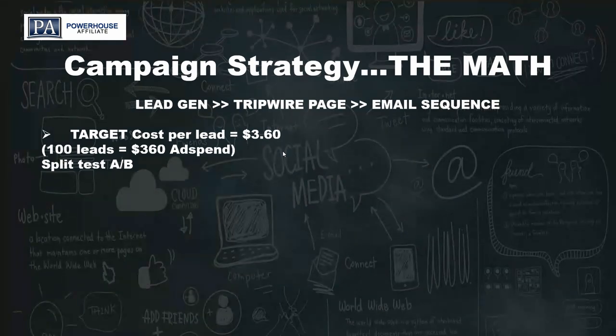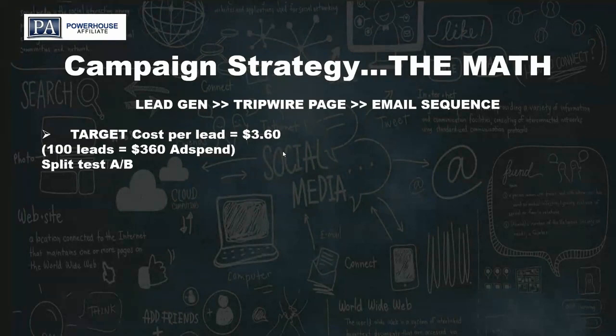I don't know if it's going to be $15 a lead. I don't know if it's going to be $2 a lead, but I've set what I think is a realistic expectation as to what I can spend per lead based on other data I have from other campaigns I have run in the past. But again, like I said, I'm entering into a very highly competitive niche, and I'm going in the USA diet, which is probably one of the most competitive niches online.